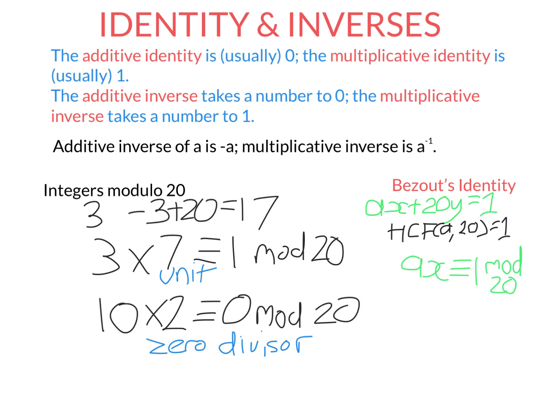The only numbers modulo 20 that have a multiplicative inverse are precisely the integers that are co-prime to 20. Like 3 and 7, which are units. 5, on the other hand, will not have a multiplicative inverse because 5 and 20 are not co-prime. They have highest common factor of 5.